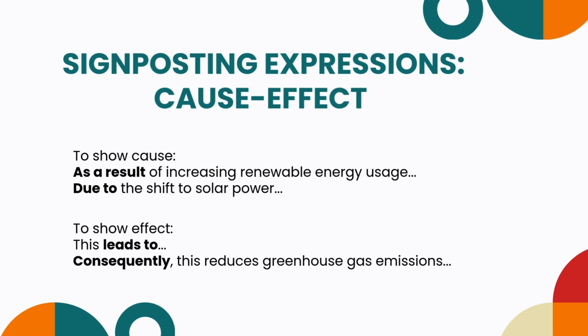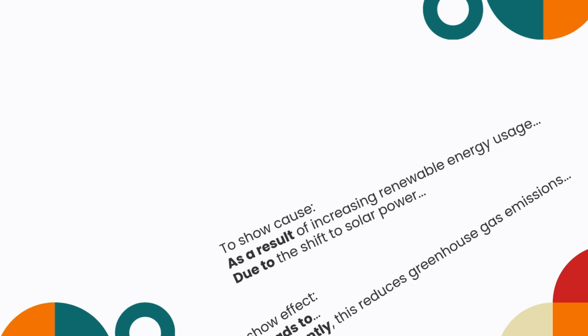To show effect: this leads to, or consequently, this reduces greenhouse gas emissions. This leads to, consequently, are examples of signpost expressions to show effects. With all these signpost expressions, Ali helps his audience follow his argument and understand the structure of his presentation.